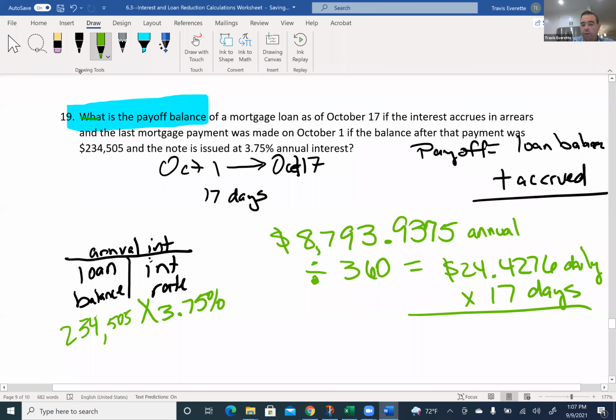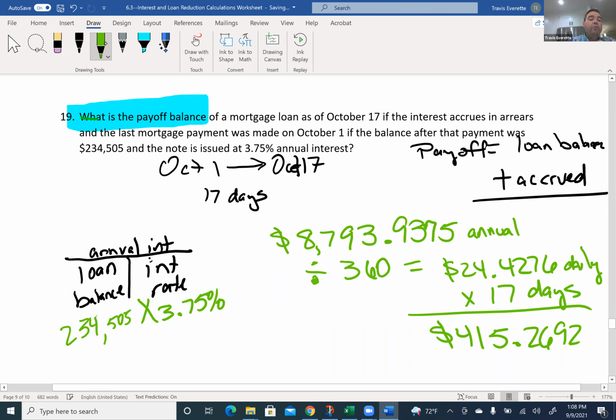That equals $415 and about 26 or 27 cents for the accrued interest. But they want to know the payoff.